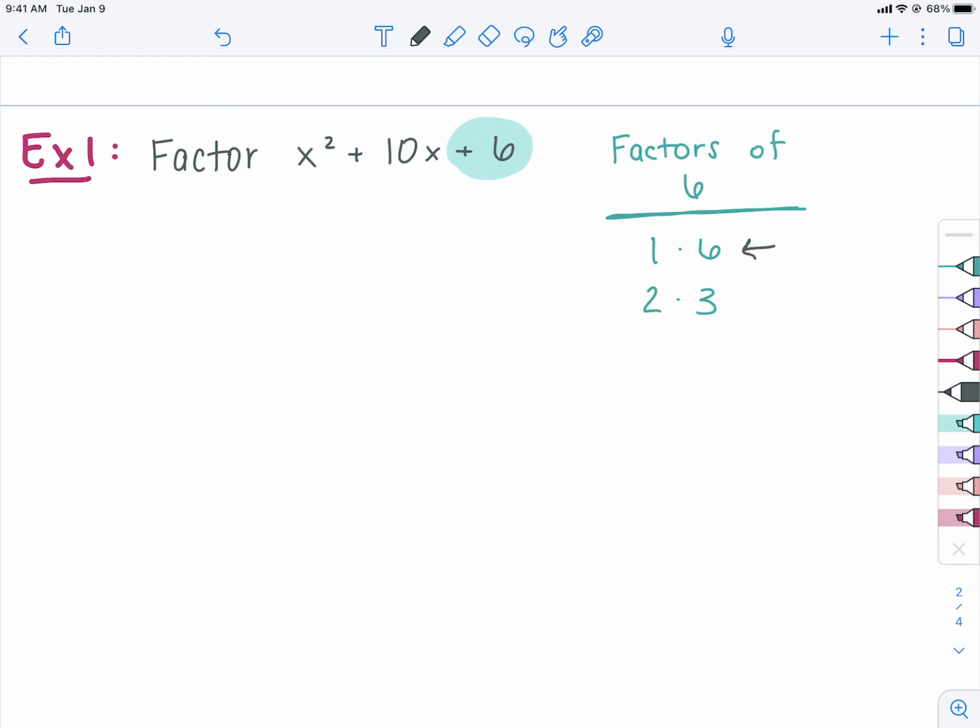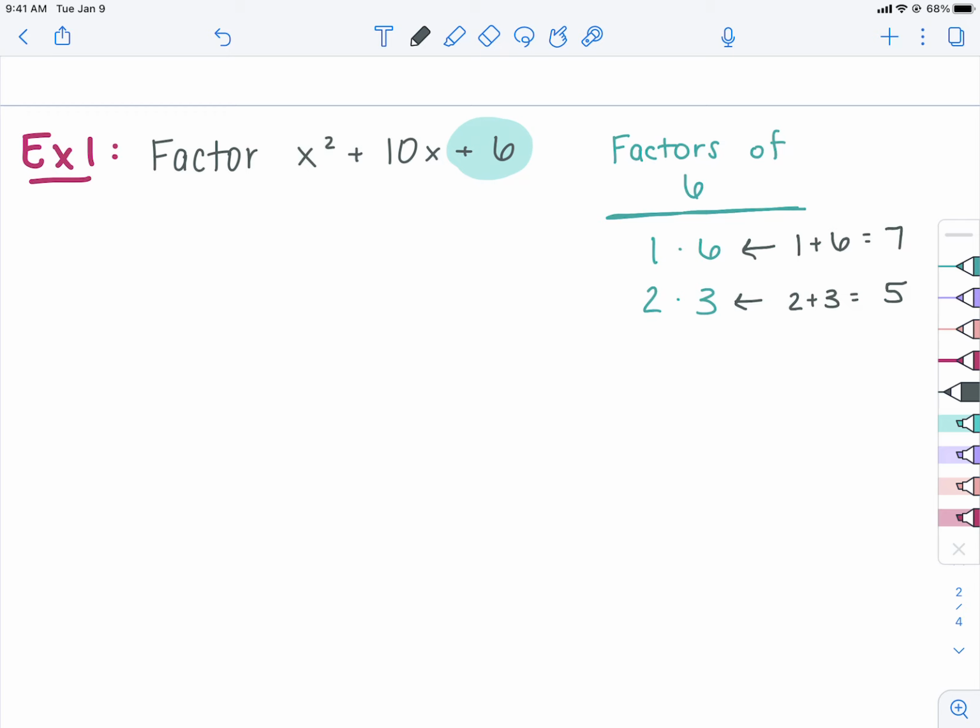One plus 6 gives me 7. So that's no good. 2 plus 3 gives me 5. So that's no good.